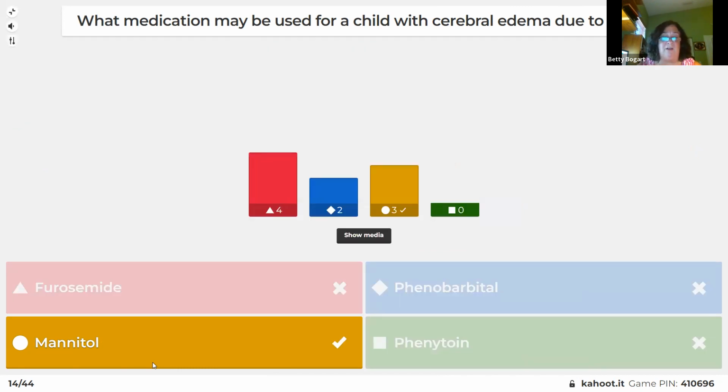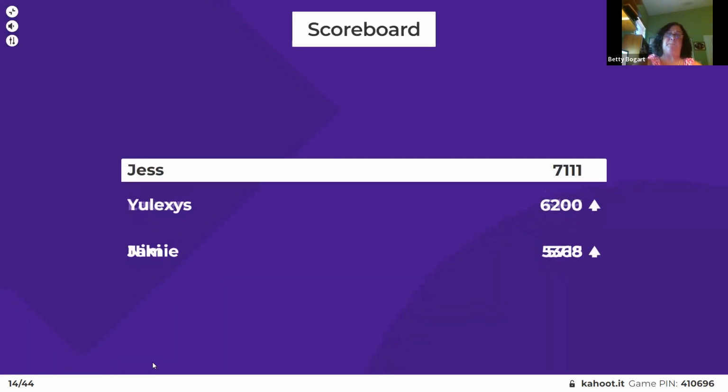And it's mannitol. Remember, diuretics, furosemide is for peripheral edema or your lungs, yes. But for the brain to decrease swelling quickly, mannitol, okay, is the drug of choice for cerebral edema. Okay?